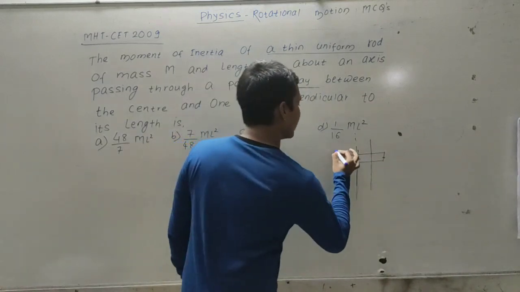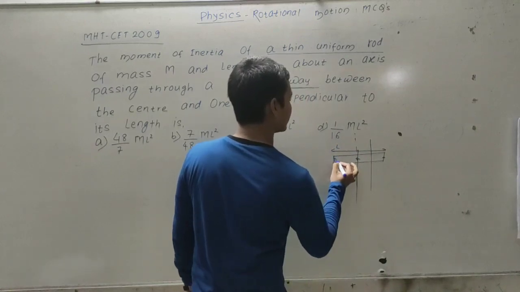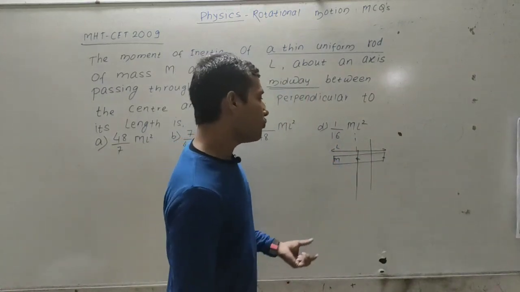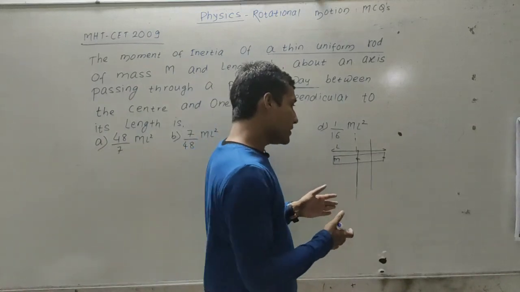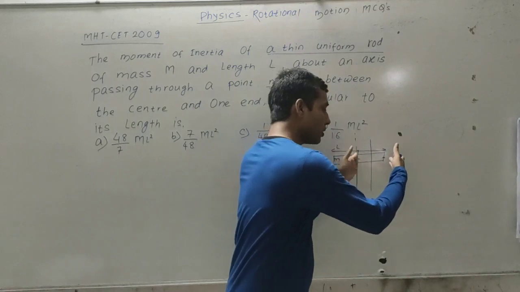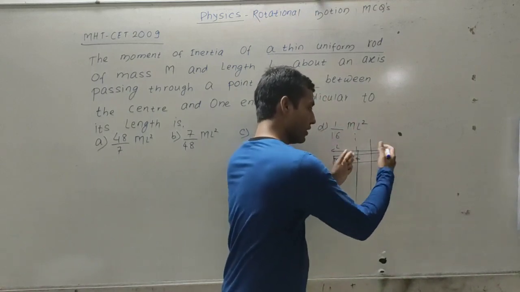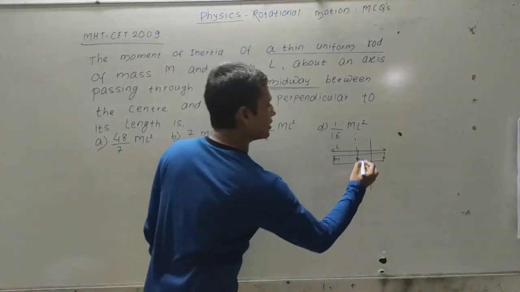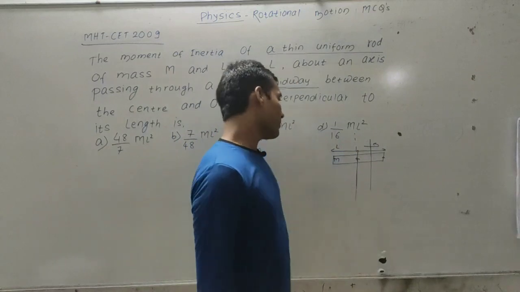Basically the length of the rod is L and its mass is m. So we have to find the moment of inertia, the value of I, for the axis passing through the midway between center and its one end.